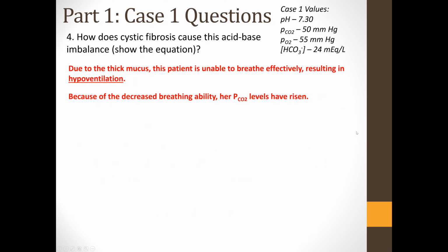Because of the decreased breathing ability, her carbon dioxide levels have risen. Remember that almost all of the cells of the body are constantly producing carbon dioxide every second of every minute of every hour of every day of every year. So if you can't breathe the carbon dioxide out, the levels can quickly build up in the blood.